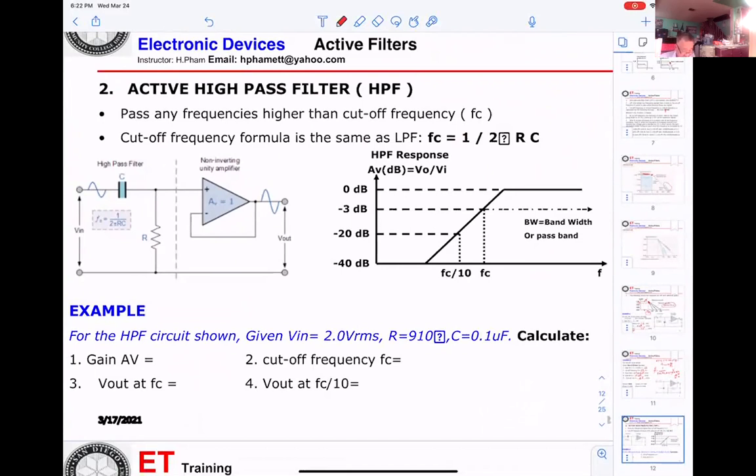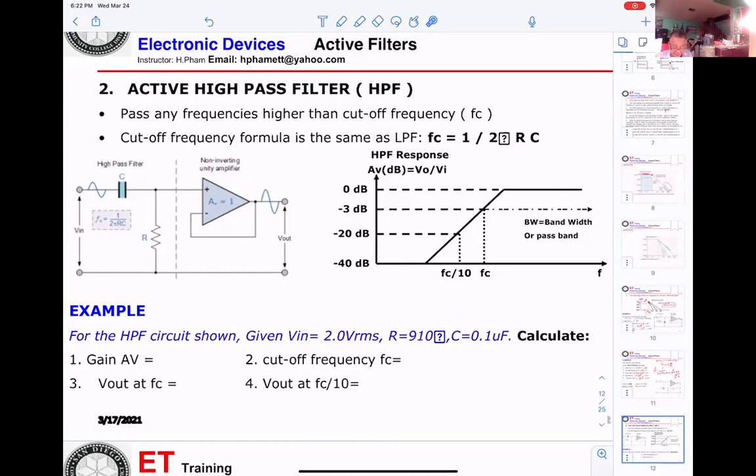So this is a one pole high pass filter. And also they use the same follower unity gain amplifier to build. They just change the position of R and C. R up here, C down here for low pass, and now C goes up, and R goes down.